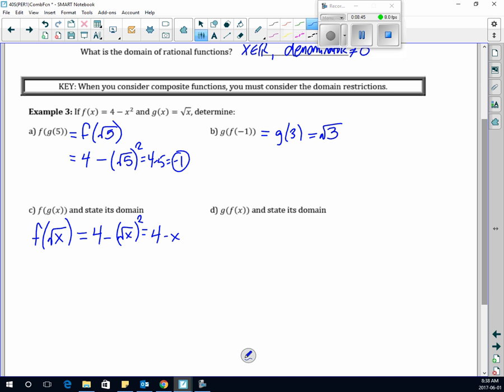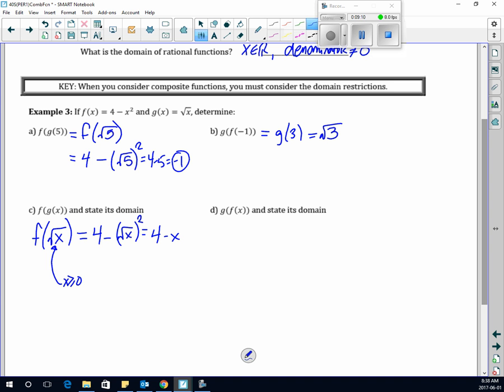So you might think, oh, well, I can just plug anything into x because this is just a line now, right? No, hold on. Right here, there was a restriction going in. X has to be greater than or equal to 0. Does everybody understand? Only numbers that are 0 and up could have been plugged into the g machine.